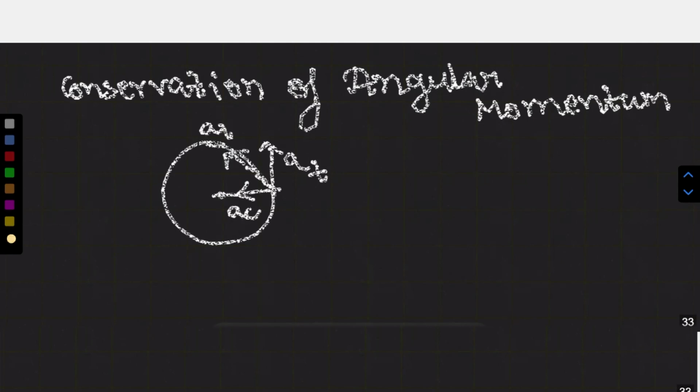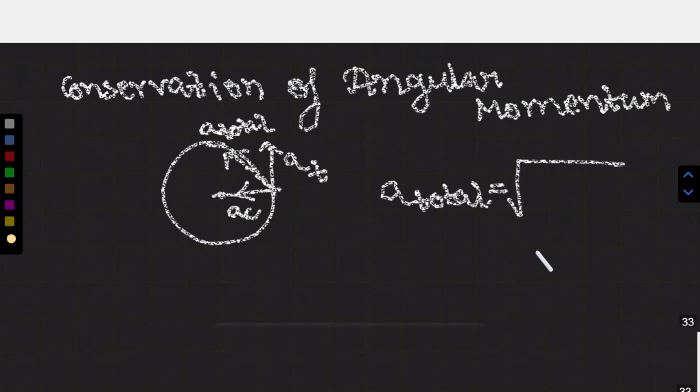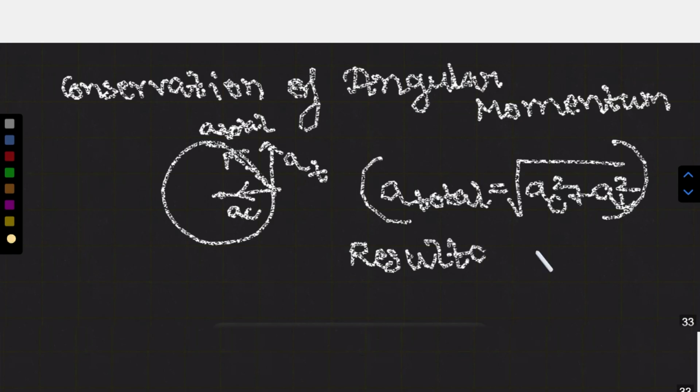A total is equal to root of AC square plus AT square. This is pretty new, but nothing complex, because it is just the scalars and vectors concept that we completed in the previous session, the resultant sum.